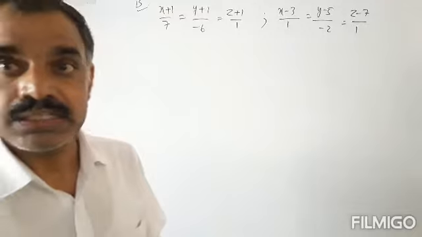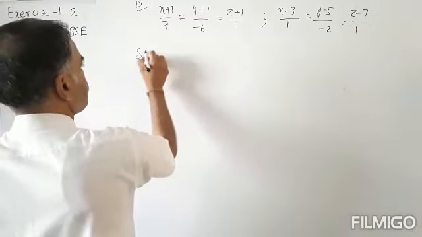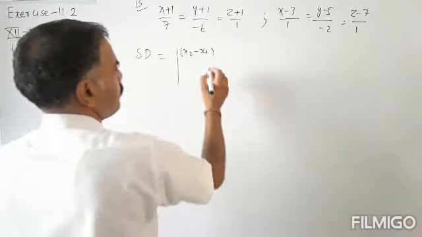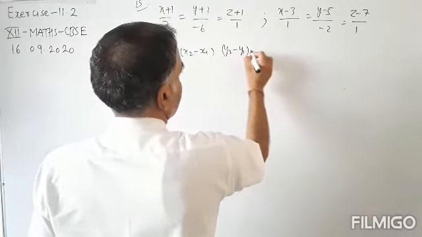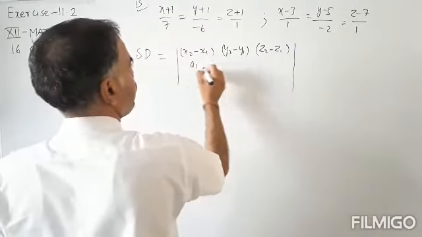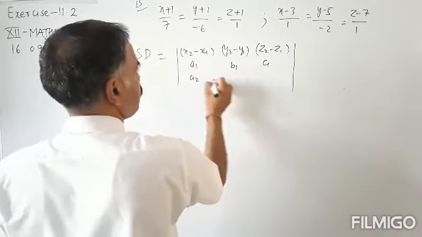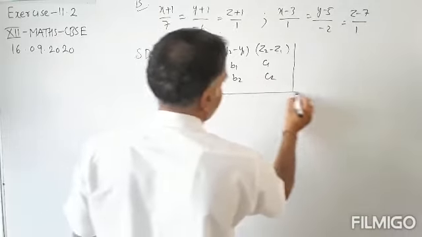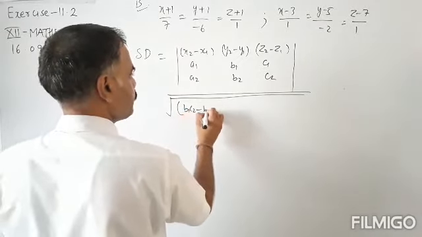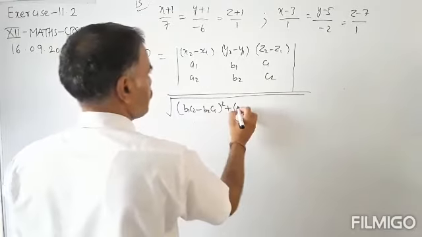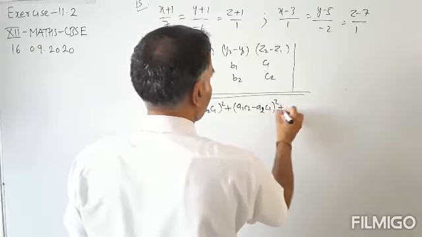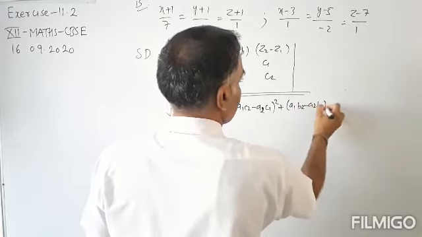Okay, so the shortest distance in Cartesian form is given by the determinant with rows x2 minus x1, y2 minus y1, z2 minus z1; a1 b1 c1; a2 b2 c2, and then total divided by under root (b1 c2 minus b2 c1) whole square plus (a1 c2 minus a2 c1) whole square plus (a1 b2 minus a2 b1) whole square.